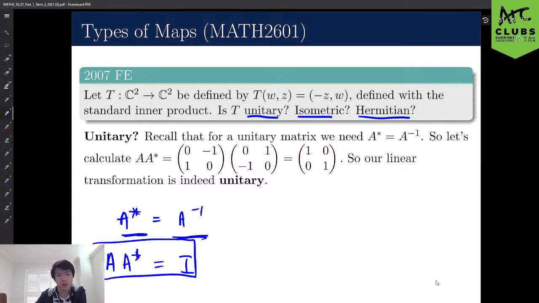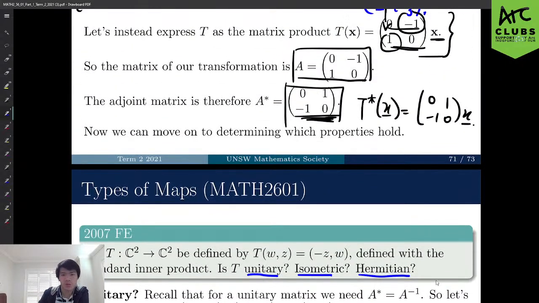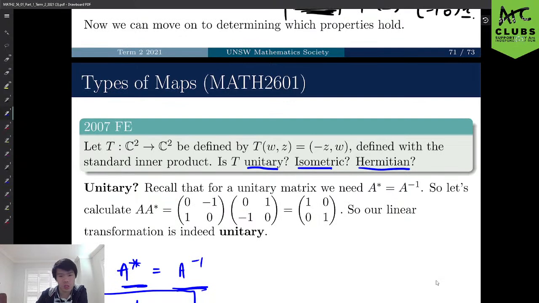So we get 0, minus 1, 1, 0, times 0, 1, minus 1, 0. Remember, A was our matrix here, and the adjoint of A was this matrix down here. That turns out to be equal to the identity matrix. So it is unitary, which means T is a unitary transformation.